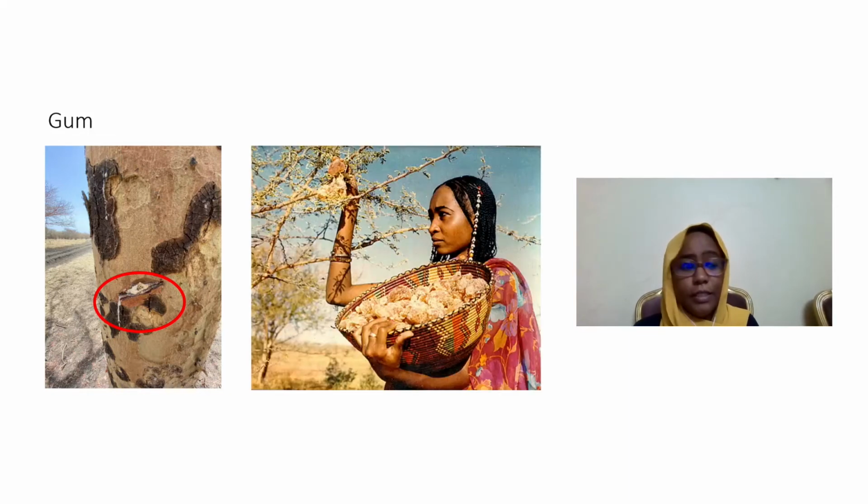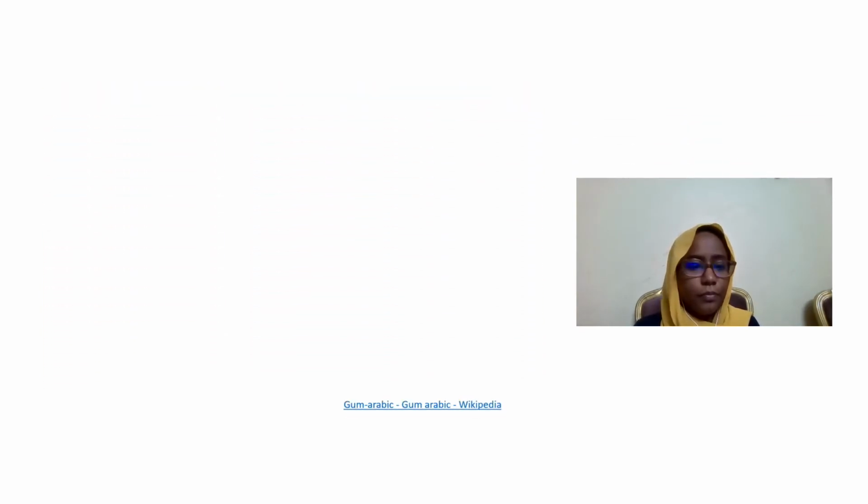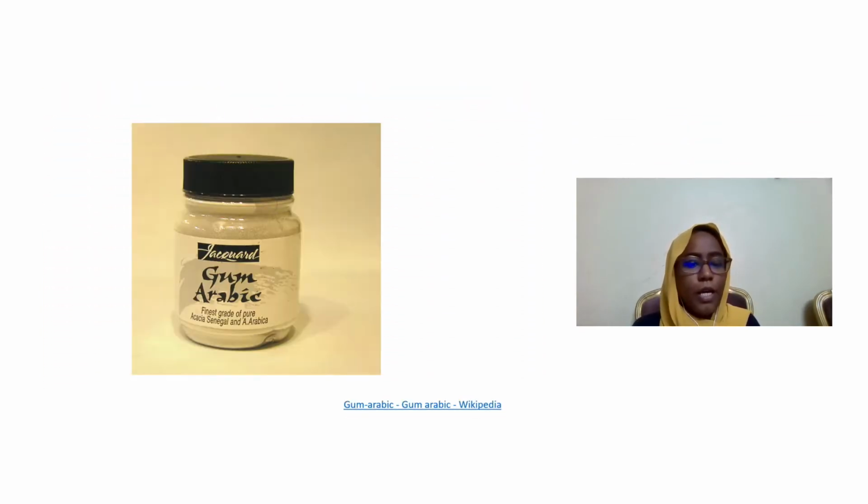The people collect it in this form. As you see here, this beautiful lady collects the gum after it becomes dry, in this basket. And here is a powder of gum in a manufactured form.